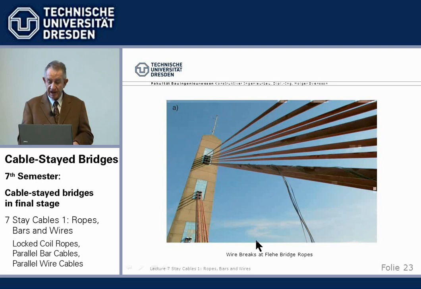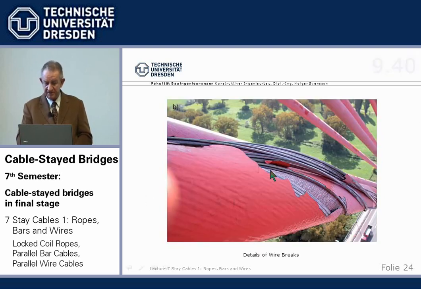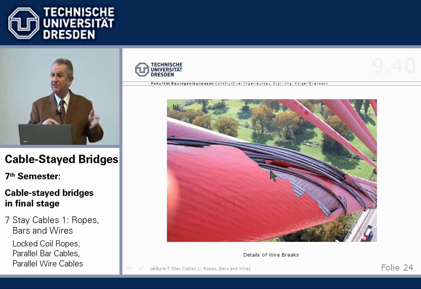Lately, the Rhine River Bridge Flehe, built in the early 70s. I was very much involved, I know it well. It's not so old, and you see here a few wire breaks, and even worse. That also had to do with it still being the old type of cables, not galvanized. Today it's all much better, of course.